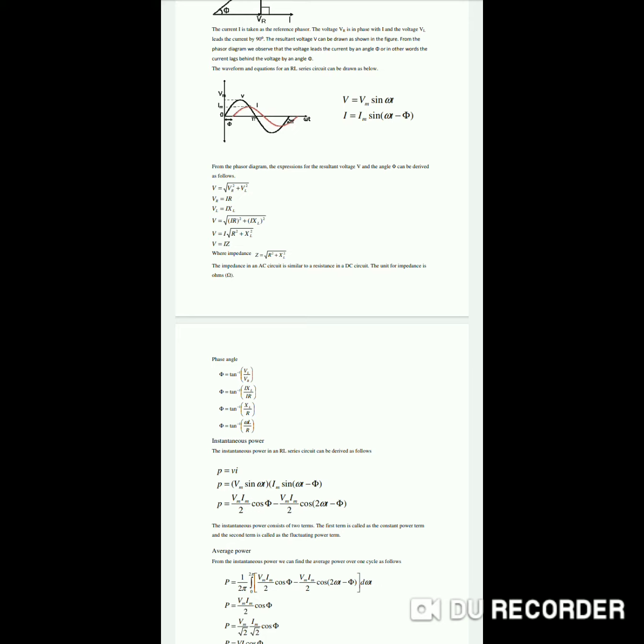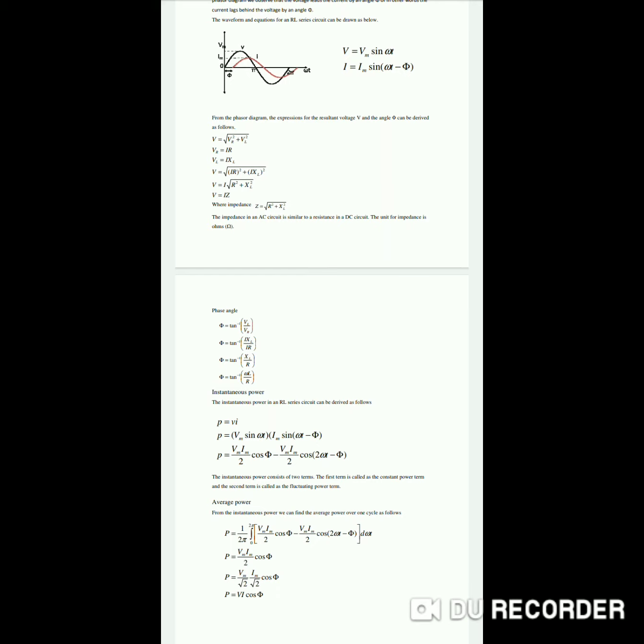To find the phase angle, phi is equal to tan inverse of the inductive voltage divided by the resistive voltage. Putting VL is equal to I XL and VR is equal to IR, the I cancels, so phi is equal to tan inverse of XL divided by R. XL can be written as omega into L, as you can see in the previous video on pure inductance.